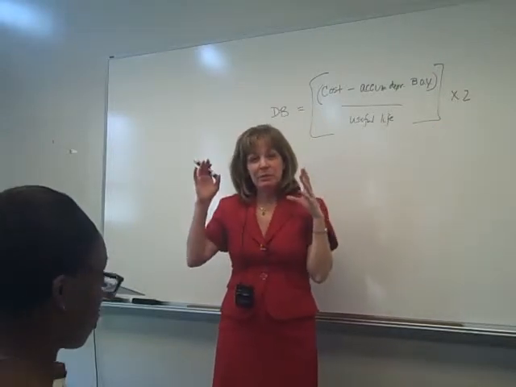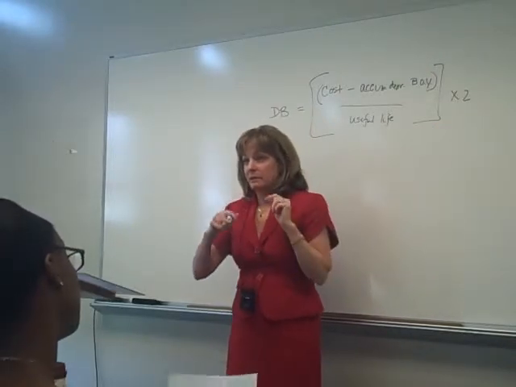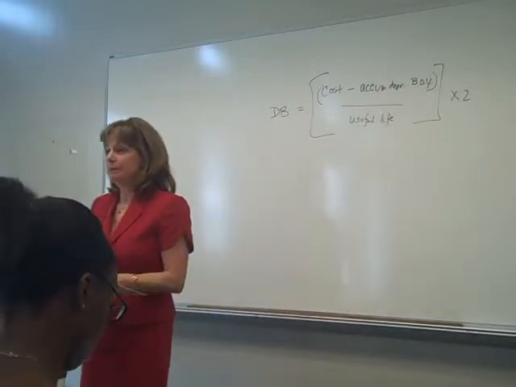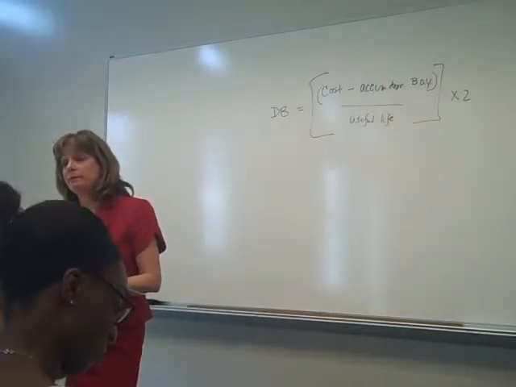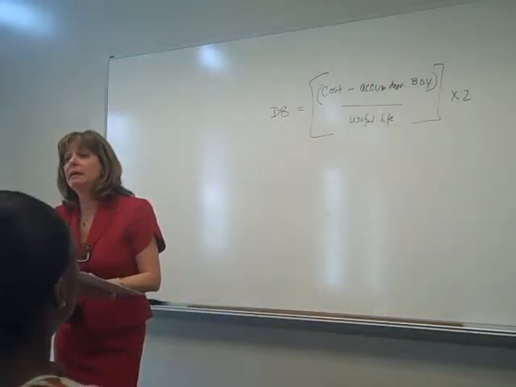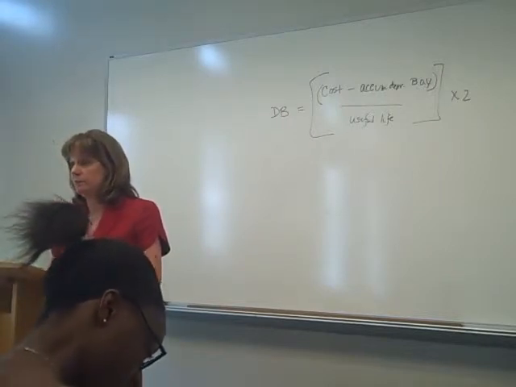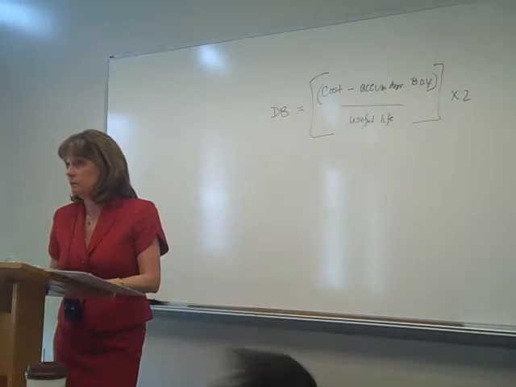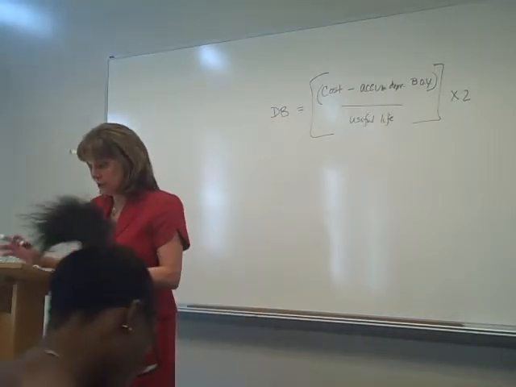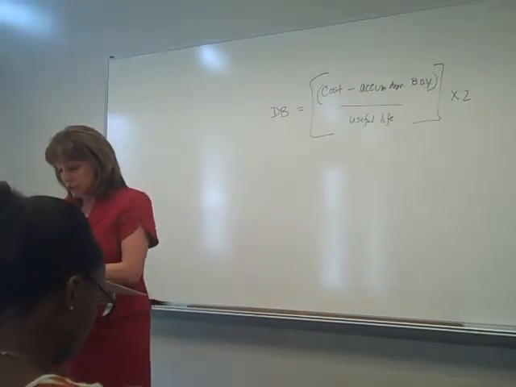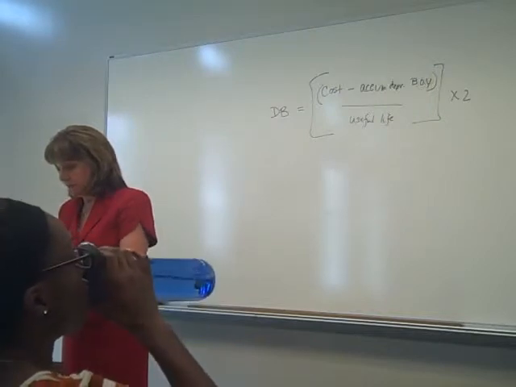So to me, it's easier to memorize this, but that's just me. Nobody asked me. What does BOY stand for? Beginning of year. Okay? We good so far? So let's go to page 550 something.